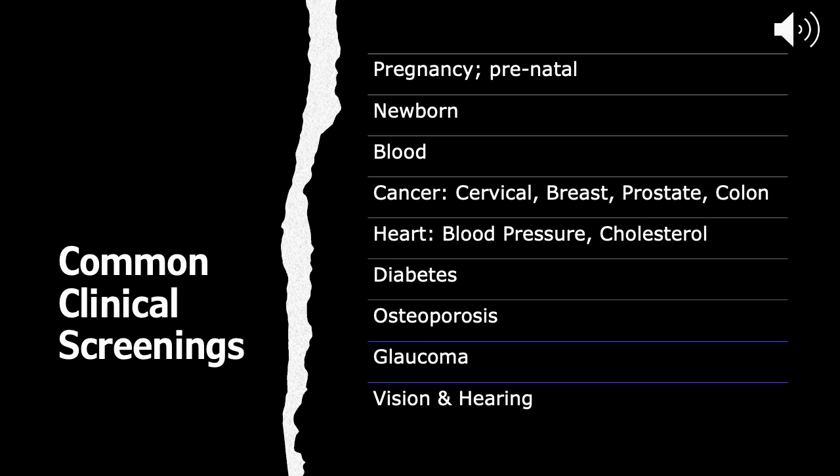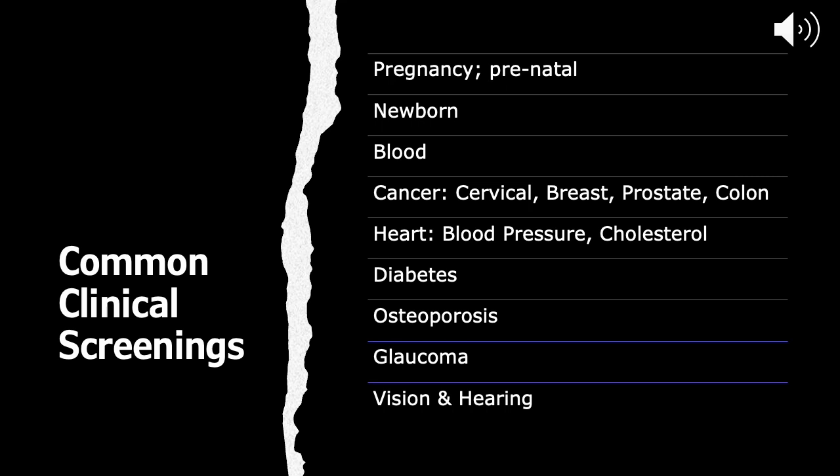Other exams would be colon cancer screenings like we've talked about in the prior lectures, prostate. Blood pressure. When you go to the doctor for your routine exam, they always take your vital signs. They'll take your lipid panel to look for cholesterol, again, A1C. Osteoporosis.